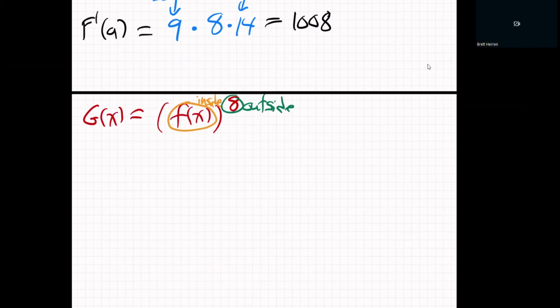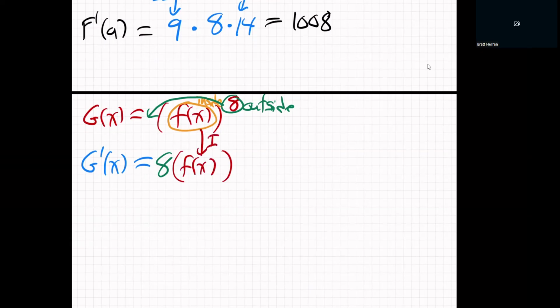So here we go. We want to get G prime. I'll just keep it x for now. What does the chain rule say you do when you have one function inside another? You do the outside first. So bring that 8 down. Keep the inside the same, there's the inside, it hasn't changed.